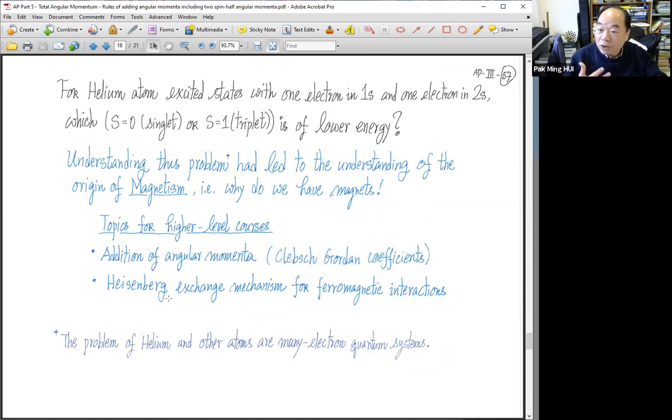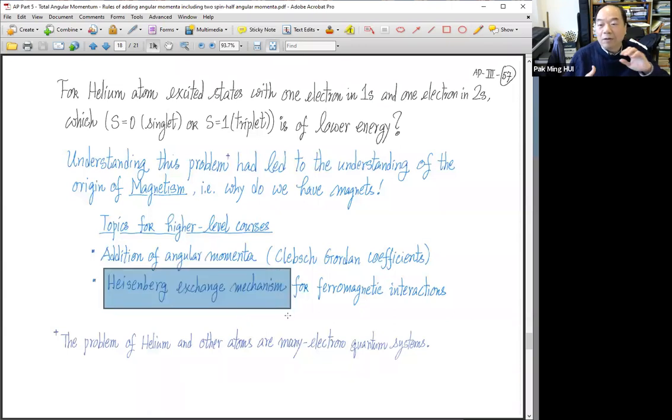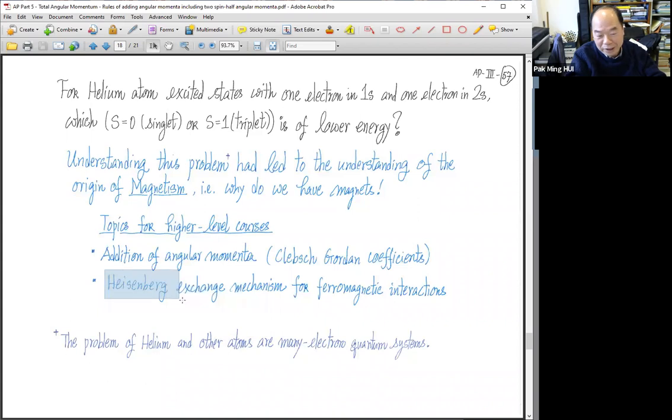And what I just told you about the origin of magnetic materials goes under the name of the Heisenberg exchange mechanism. We will see whether the triplet state is preferred to be lowered or the singlet state. If the triplet state is preferred, it means the 2 spins tend to cooperate in an aligned way. And that is the origin of magnetism. You see Heisenberg is there.